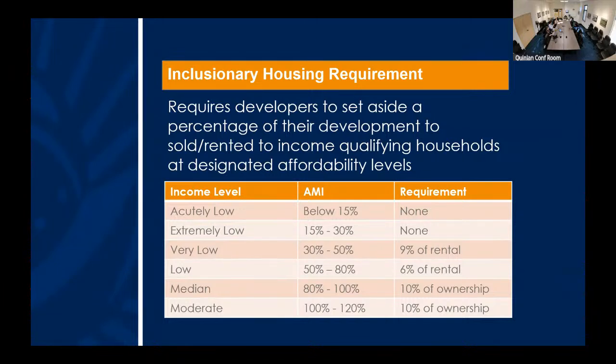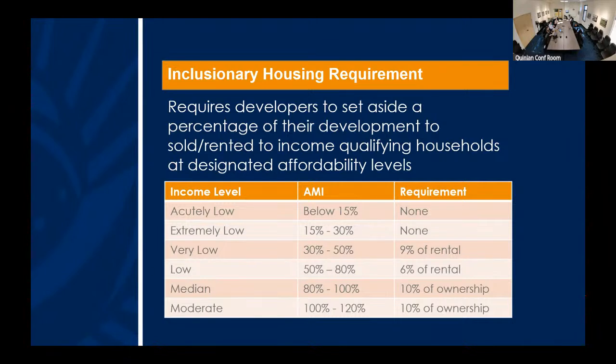So very close to the middle again, but slightly below area median income. That's also part of our ownership inclusionary requirement. 10% of any ownership development has to have their properties available to median income households. So together combined, that means 20% of any ownership development is made to the affordable housing program.